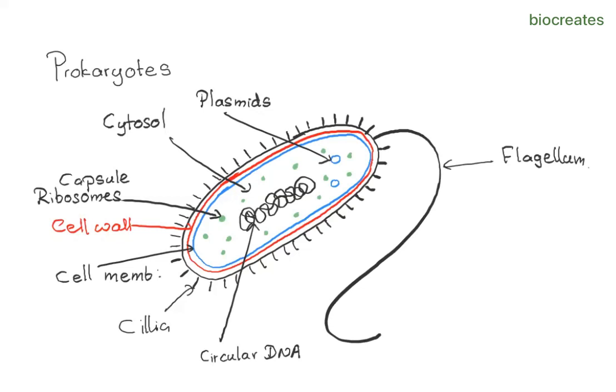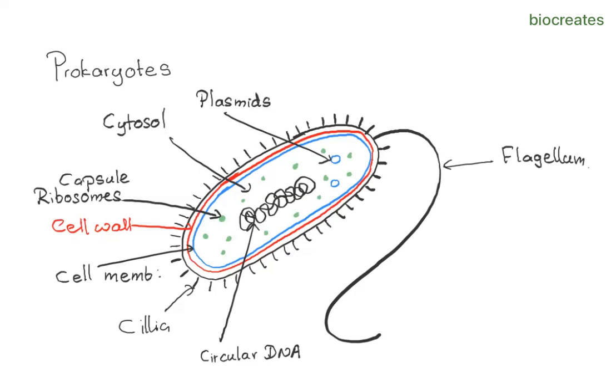In addition to that, they have a few other short circular DNA molecules known as plasmids. And they have ribosomes as a cell organelle in the cytoplasm. And in the cell, we can see a flagellum or one or two flagella, and also shorter structures known as cilia or pili.